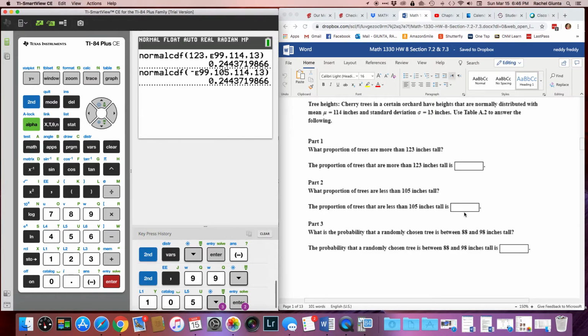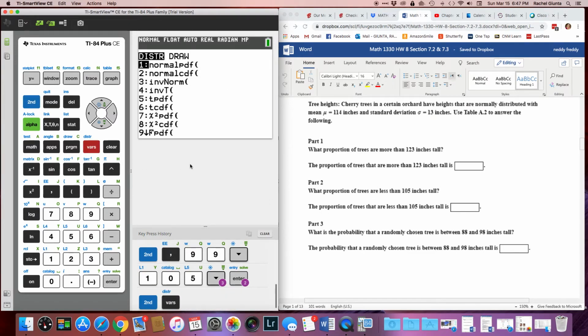0.244. Oh, if it tells you to use the table, it might not tell you how many decimal places to go out to, so go out to 4 in that case. And I'm just going to try this one with putting 0 in there for the minimum height to make sure that we get the same answer.